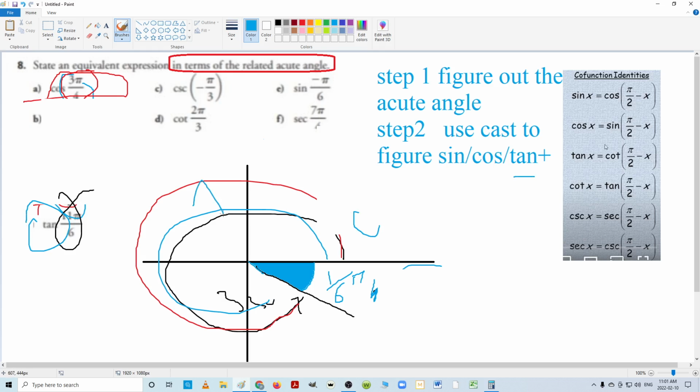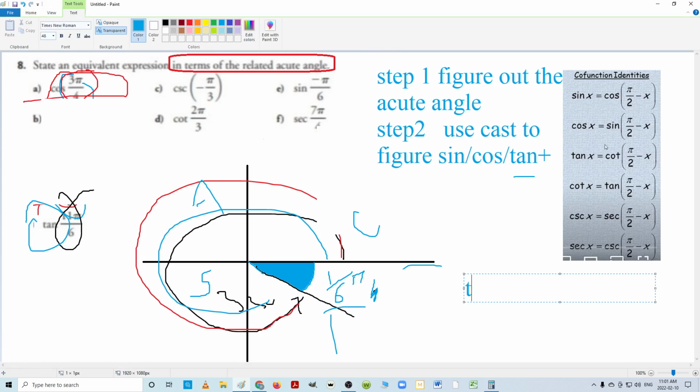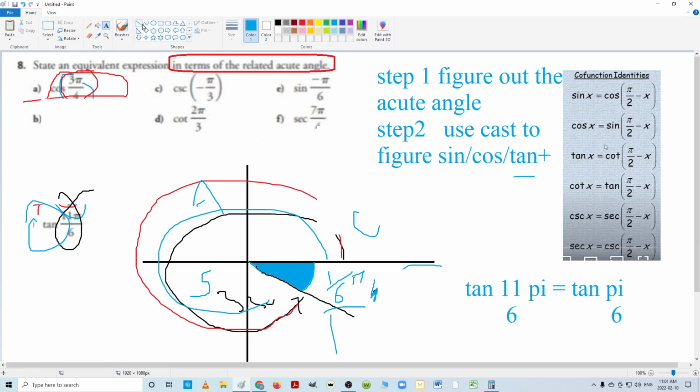C, A, S, T. Tan is positive here, which means the acute angles and the principal angles will both be positive. That means I don't have to do any negative correlations. That means I can immediately say that tan of 11 pi over 6 is going to come out the same in my calculator as tan of pi over 6. That right away is an equivalent.